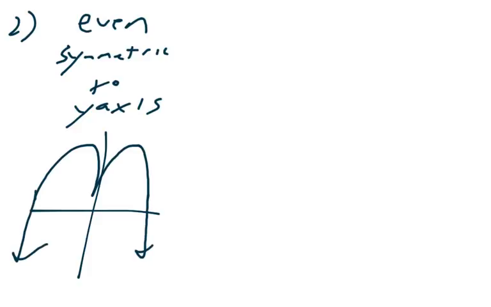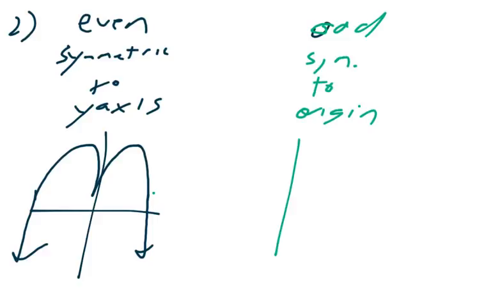I realize I didn't draw that too well, but as you can see, if I fold this over, it could go that way. If I'm looking for an odd function that is symmetric to the origin, it could look like this, and that's an odd function.